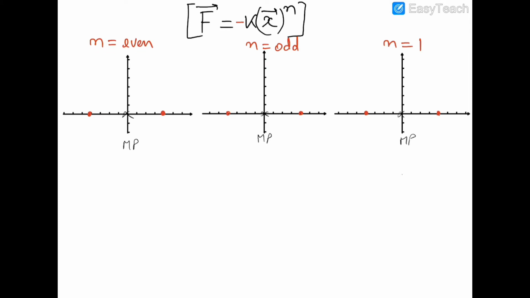So if n is even, then x is also positive, then positive to the power even is positive, and this force would be negative. Therefore, force acting on this particle would be in the negative direction or in the negative x-axis. So this particle will start to move towards origin like that.